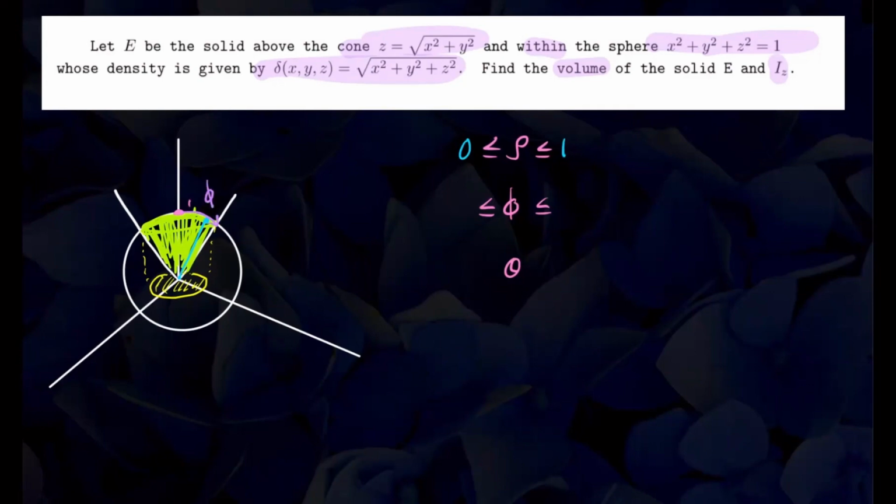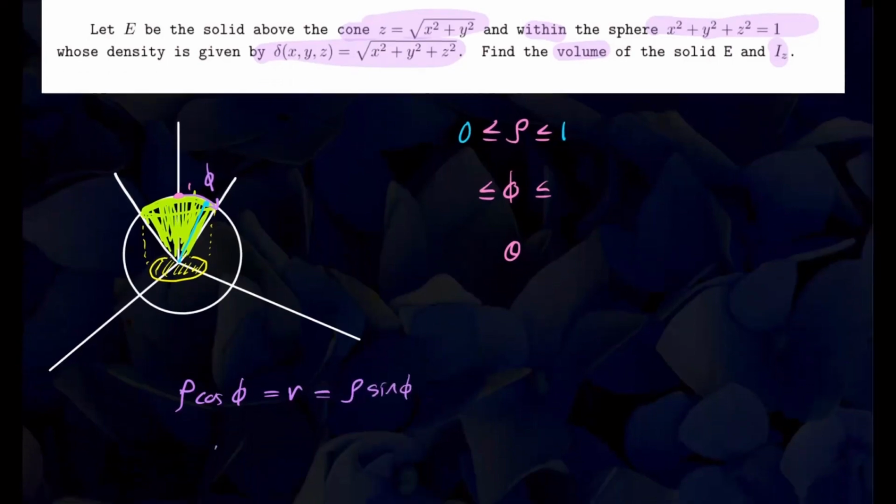To solve for it, you can take the equation z is rho cosine phi, and we know the square root of x squared plus y squared is the square root of r squared, which is simply r since we're assuming r is positive, and we know in spherical coordinates r is rho sine phi.